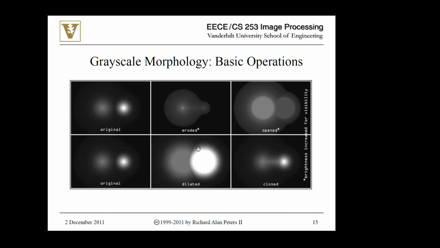We can go back to here. Now, understand this image. This image is better. You have this original, dilate, make it bigger, the bright part is bigger. Now, if you erode, you're making the bright parts smaller.